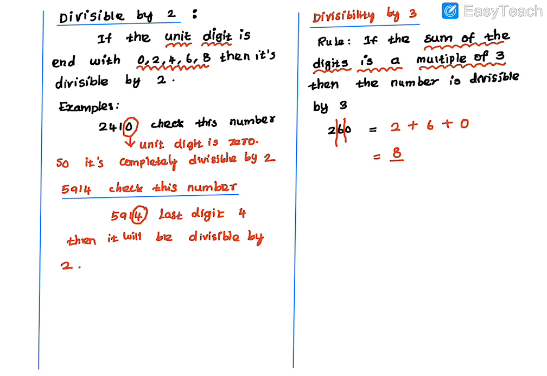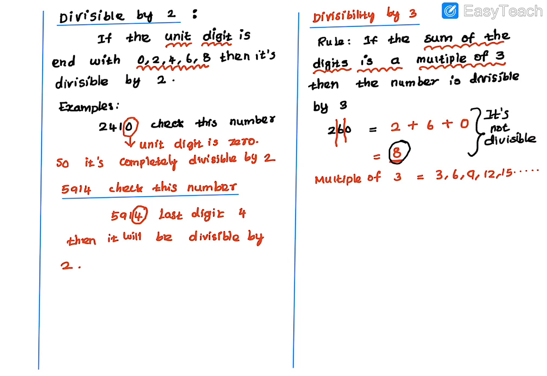Only 3, 6, 9 will come, 8 will not. So it is not divisible by 3.